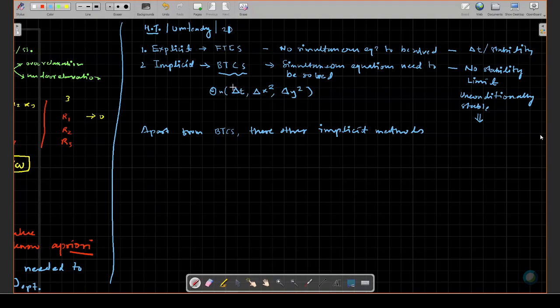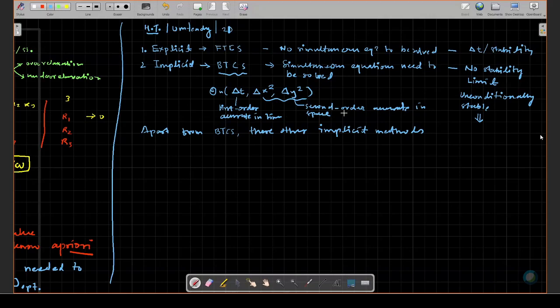So it was first order accurate in time, and second order accurate in space.